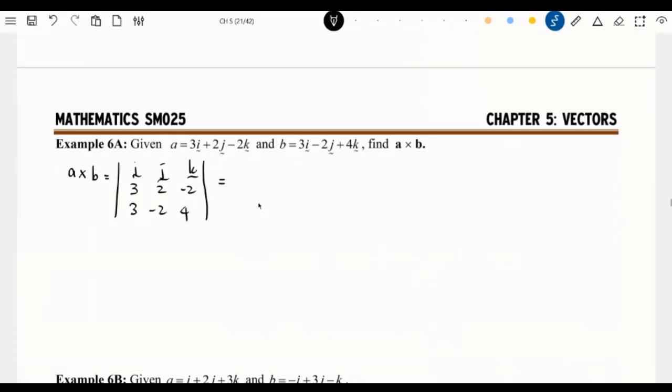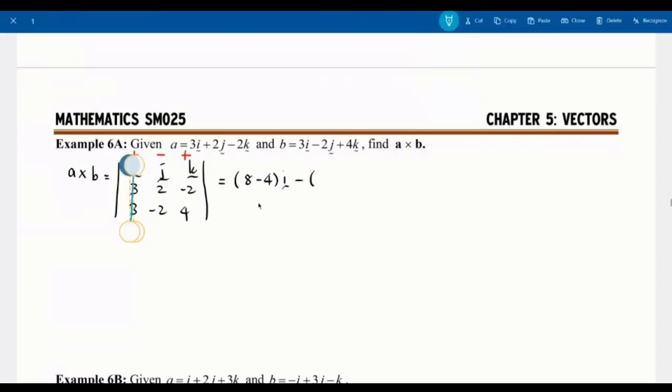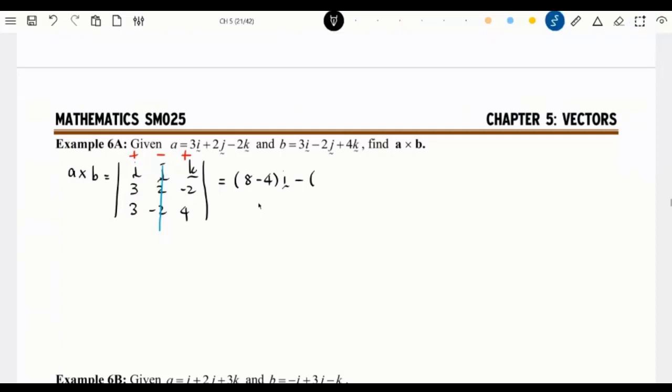Okay, now kita tahu sign dia adalah plus, minus, plus. So we delete this one. So yang tinggal adalah 8, 2 darab 4, 8. Tolak negatif 2 kita akan dapat 4. So ini adalah I. Minus for the J, kita akan delete second column.